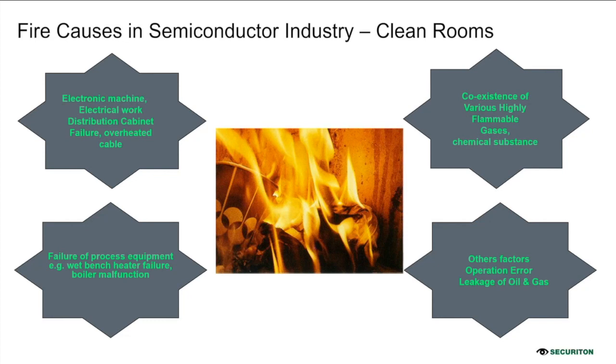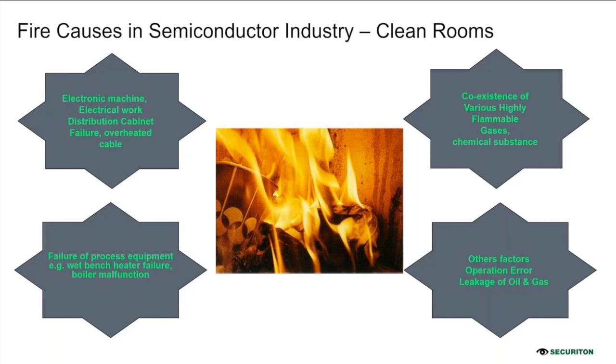The main causes of incidents in clean rooms are the electronic machines, electrical work, distribution cabinets, and failures from overheated cables. Those are some of the information we gathered from previous incidents. Besides that, failure of the process equipment itself, workbench and heater failures, and boiler malfunctions are other causes which lead to fire incidents in clean rooms, as well as the coexistence of various highly flammable gases and chemical substances.